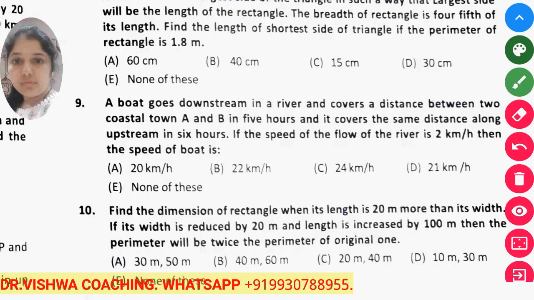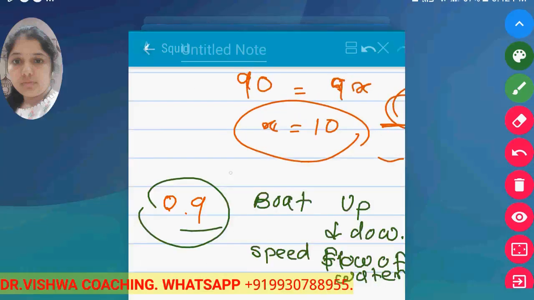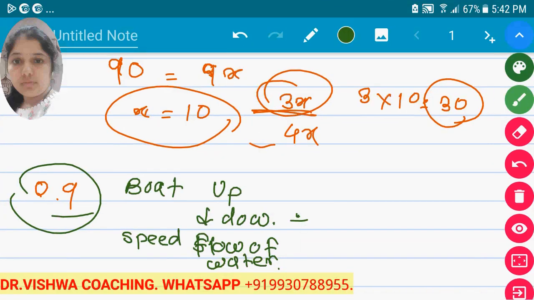So the speed of flow is added to the speed of the boat, because the boat needs less effort to cross that river when it is flowing along the direction.